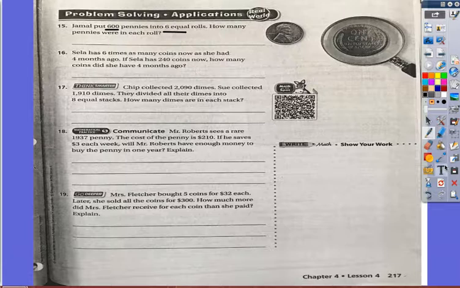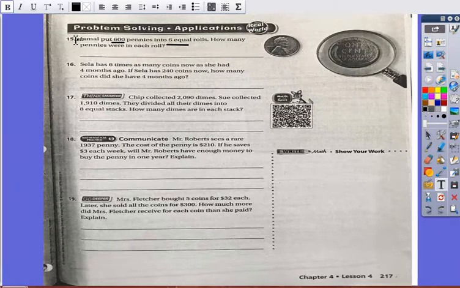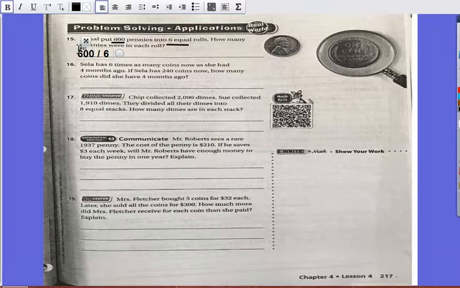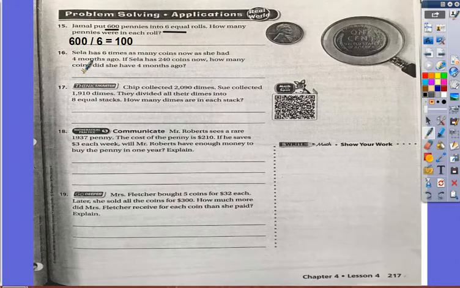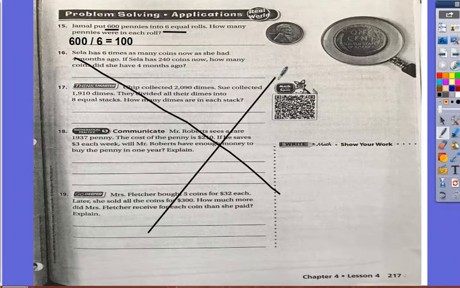Then I'm going to write my equation: 600 divided by 6. Remember, 6 times what is 600, and this one just happens to be easy because 6 times 100 is 600.